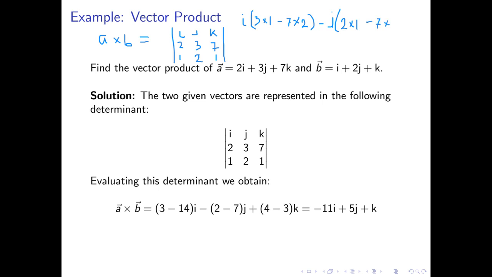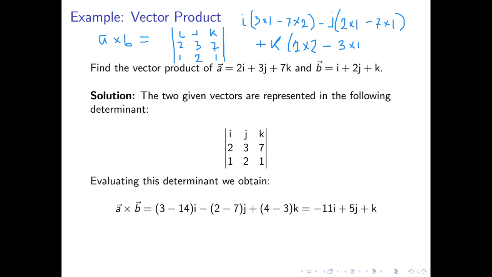Now we're done with the j component. We go on to the kth component, plus k. We close the column for k. It's then 2 times 2 minus 3 times 1. All right, now let's simplify. 3 times 1 is 3.